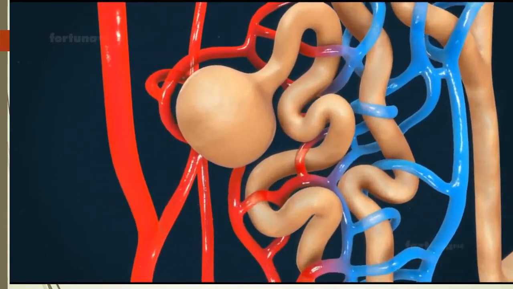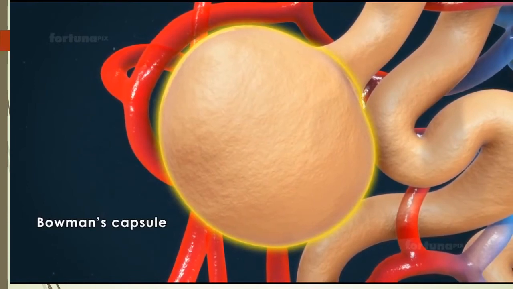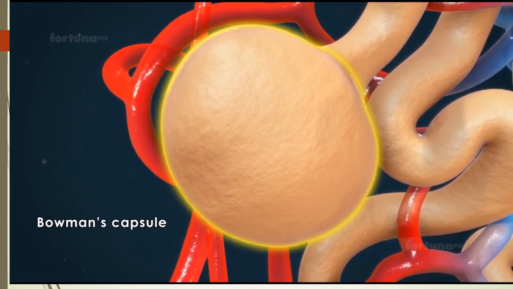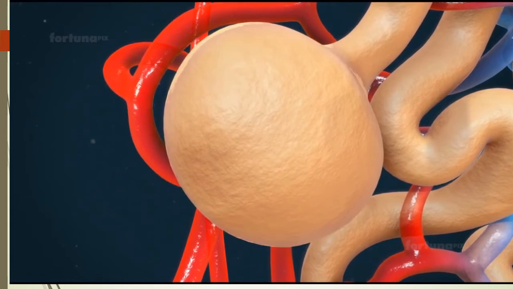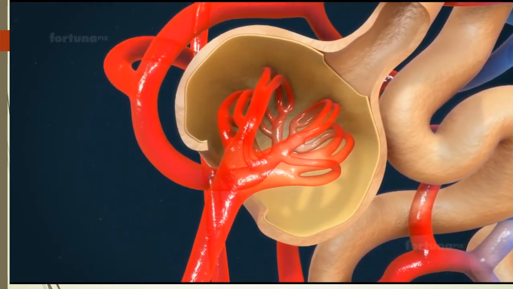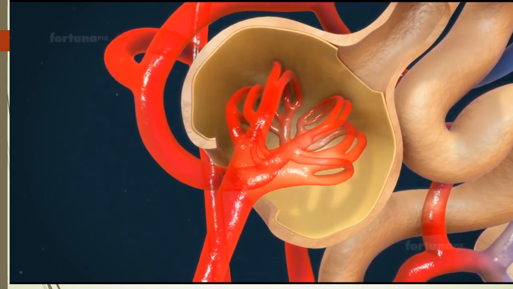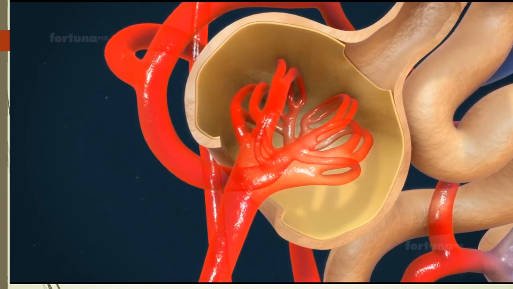Now we will focus on the renal corpuscle. So this is the Bowman's capsule. Let's open it. Within it, there is the glomerulus, a tuft of capillaries.